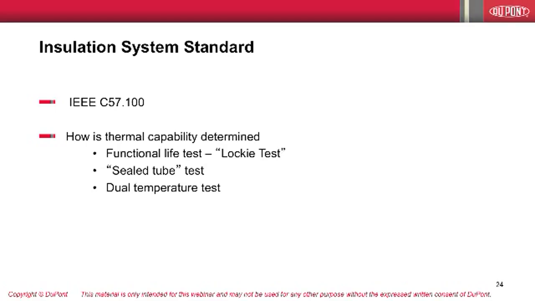Several years ago, IEEE C57.100 was revised to clarify and expand the procedures. This is the document that defines the procedures for determining the thermal index from which the thermal class is derived. In this case, the thermal index is the projected point on the Arrhenius life curve which intersects at 180,000 hours of life.